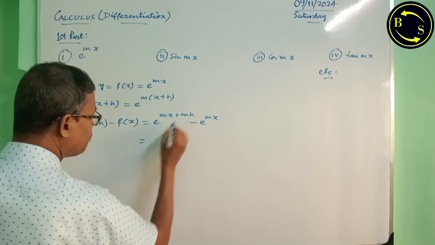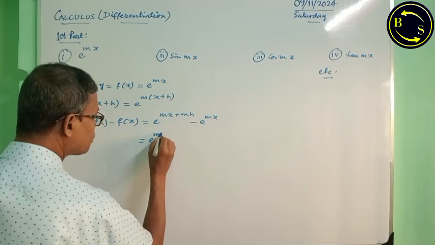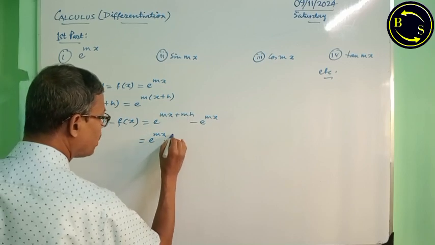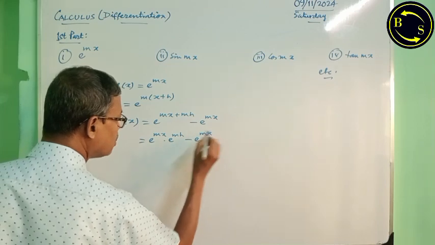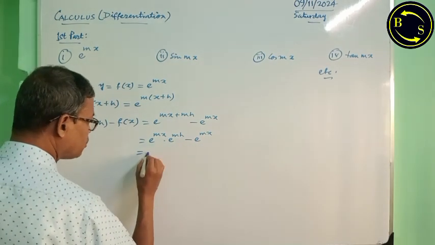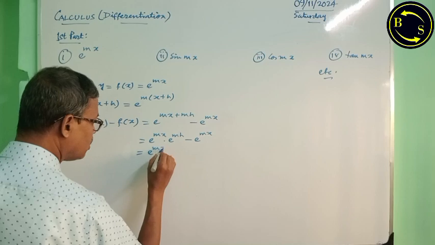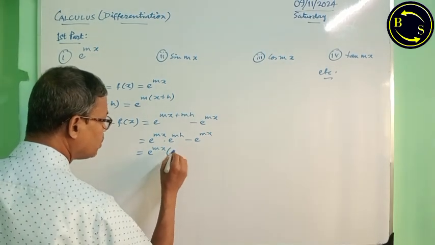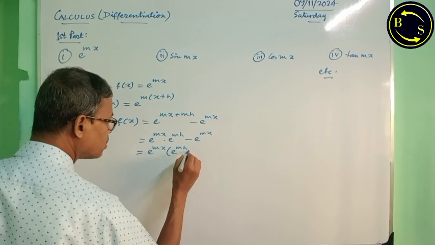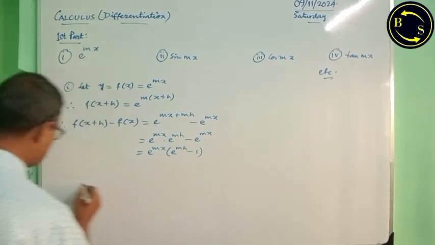Now this can be written as e to the power mx into (e to the power mh minus 1). Here e to the power mx is a common factor, therefore it will be e to the power mx within brackets e to the power mh minus 1.